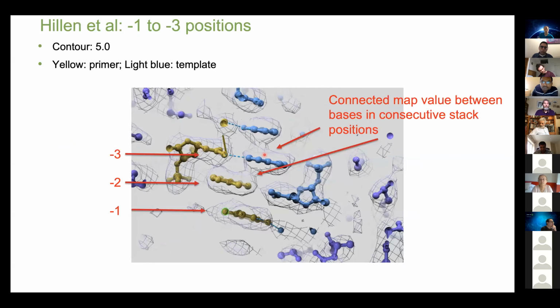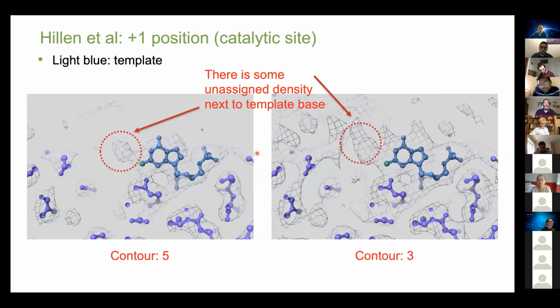If you look at it from the top, the gaps between the bases are more clear, whereas sometimes you have a more connected density between the bases in a stack. These are just small things I could see. Just like Alan was saying, if you look at the catalytic site, you do have this small density. It's not connected, but you have a density there where there shouldn't be any.